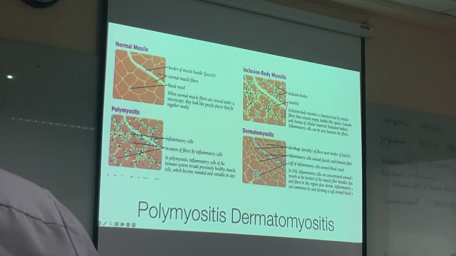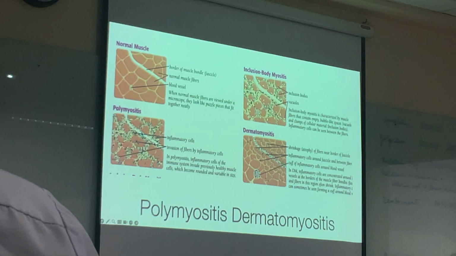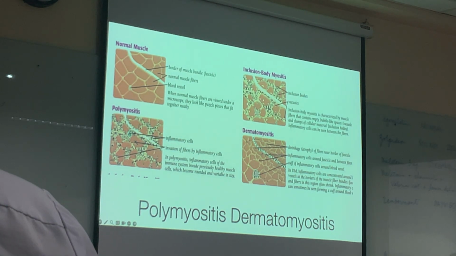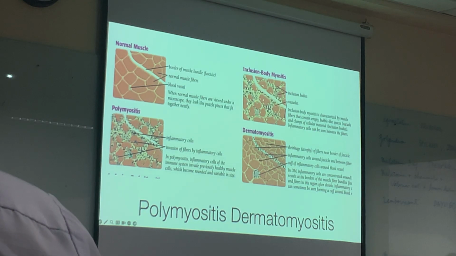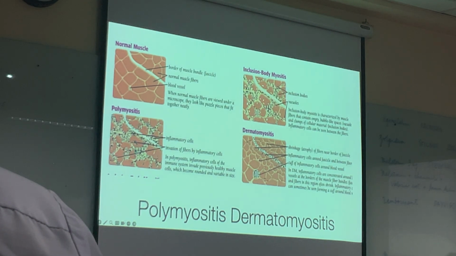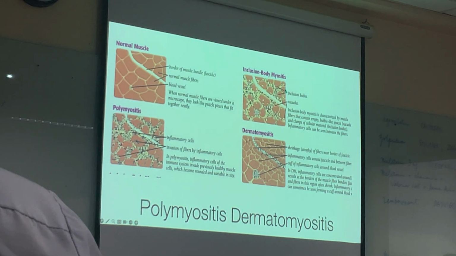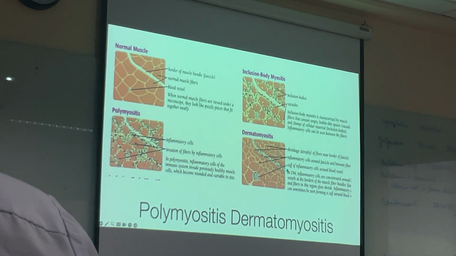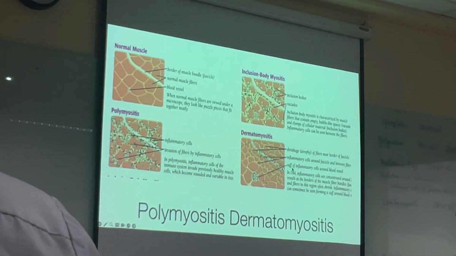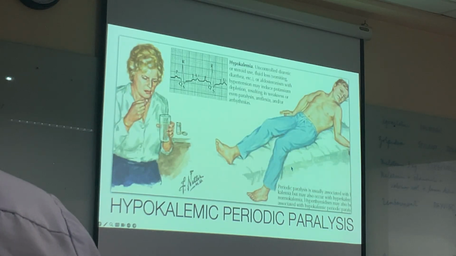So polymyositis, you can see that there are mononuclear infiltrates in the interstitial tissue. Okay? Inclusion body, there are inclusion bodies inside the cells. Okay? Dermatomyositis, they have also the same in the skin. Okay?